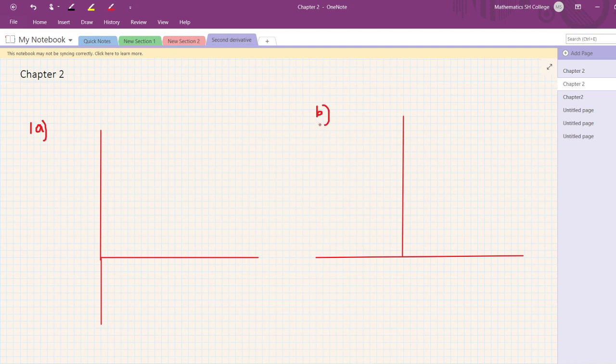For velocity we have v equal to half t minus 1. You know how to plot. In the x-axis we will take t, and in the y-axis we will take v, the velocity. We have to plot, so this is 0. Here you can see that when t is 0, what is v?